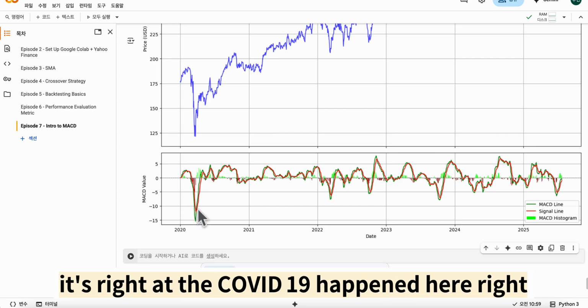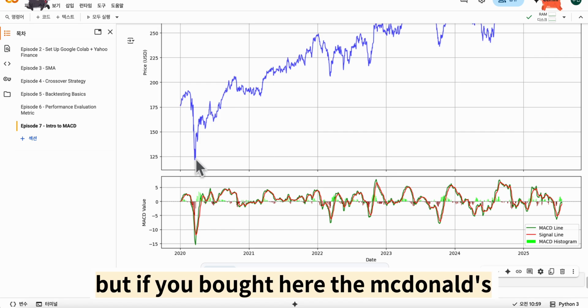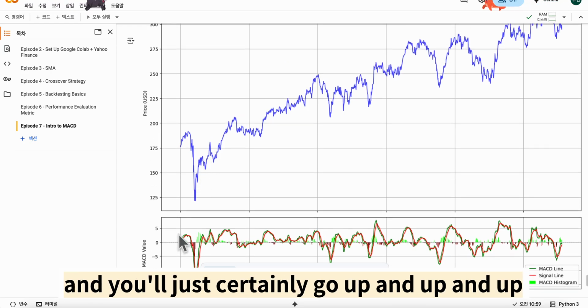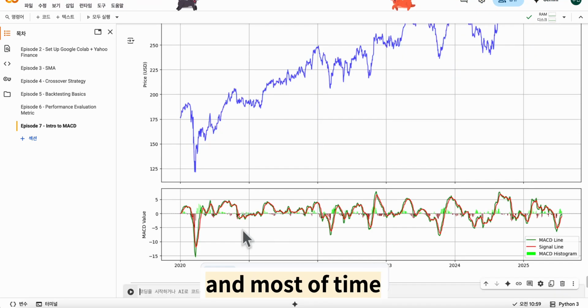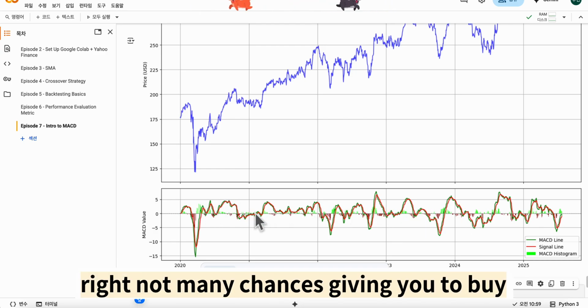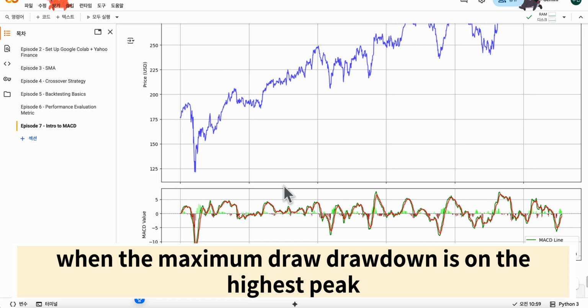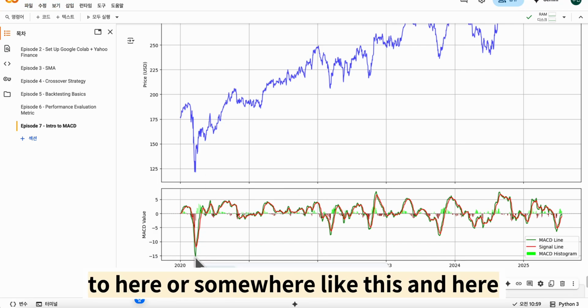I think in March, right when COVID-19 happened, right? But if you bought McDonald's here, it just goes up and up and up. And most of the time, it was on positive momentum, right? Not many chances giving you to buy, but you will feel the fear of purchasing when the maximum drawdown is at the highest peak to here or somewhere like this and here.